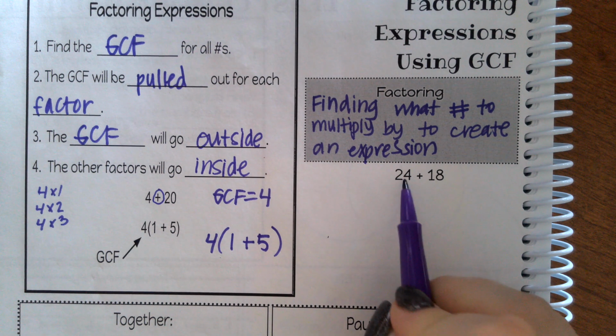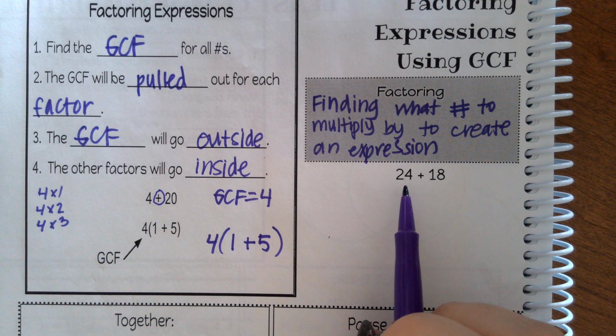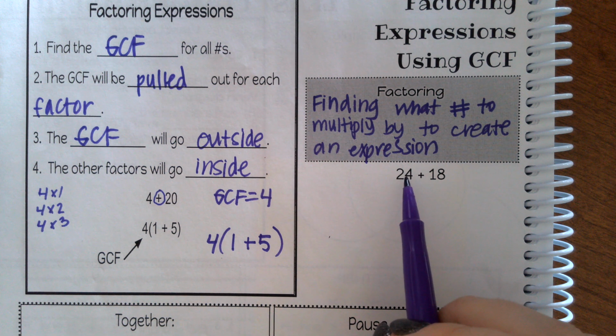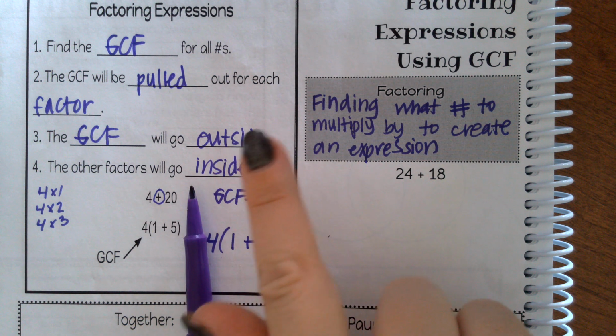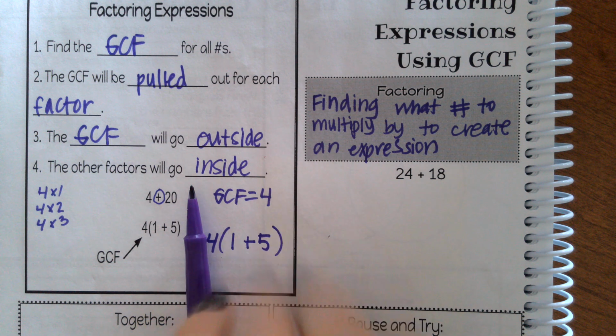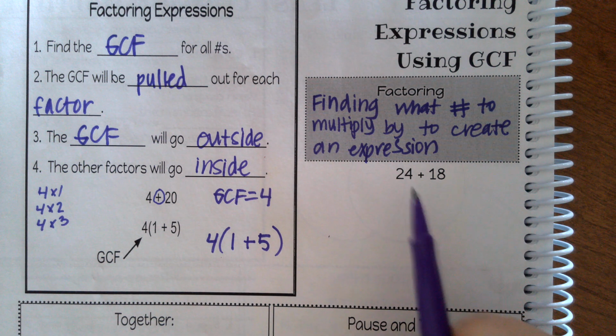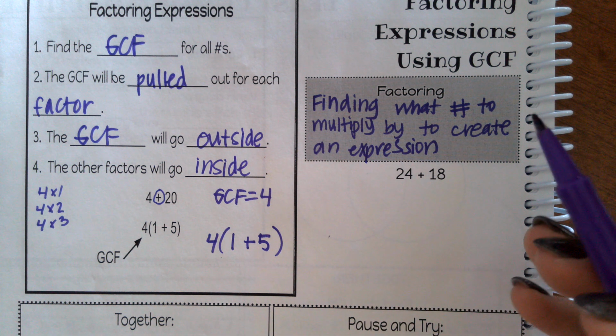So let's look at 24 and 18. I personally know that 24 has factors of 2, 3, 4, 6, 8, right? There's a lot. So I do want to find the same factor that goes into 18, but it's also the biggest factor.